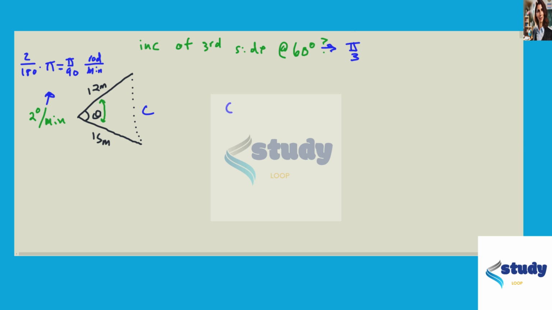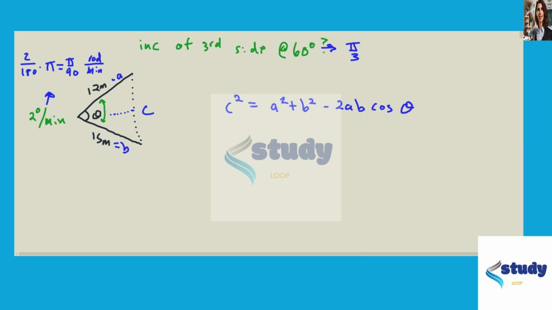So c squared is equal to a squared plus b squared minus 2ab cosine of the angle across from it, which in this case is theta. I'll call these sides a and b, and the reason I'm using c is because we know the angle across from it.